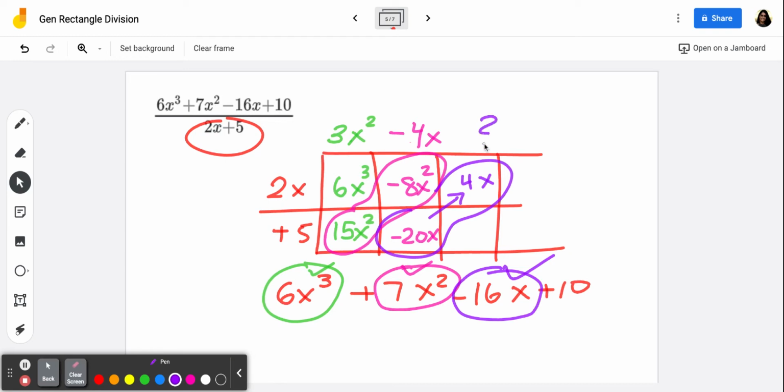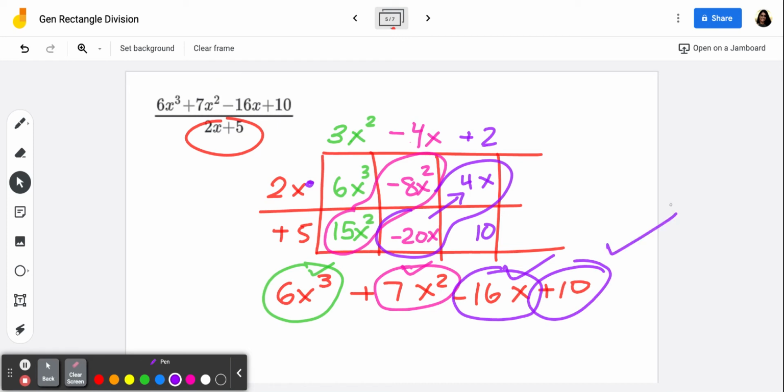So what has to be up here in order for this to be a 4x when multiplied by this thing? 2x times what makes 4x? 2x times a positive 2. 2x times 2 is 4x. 2 times 5 is 10. And we got a 10. And we are done with this problem.